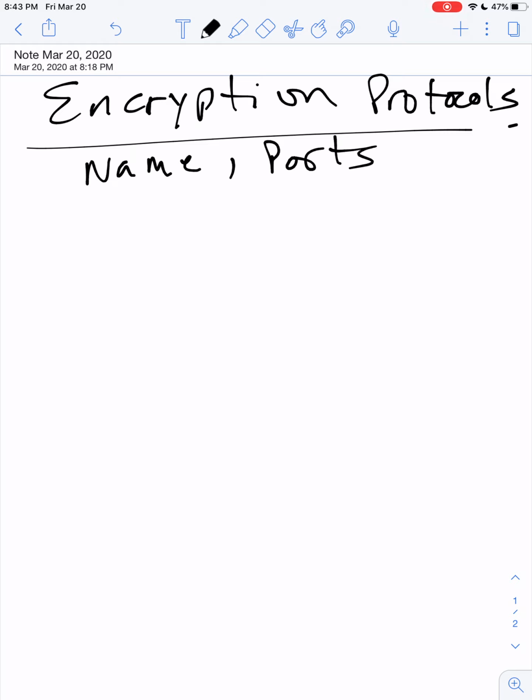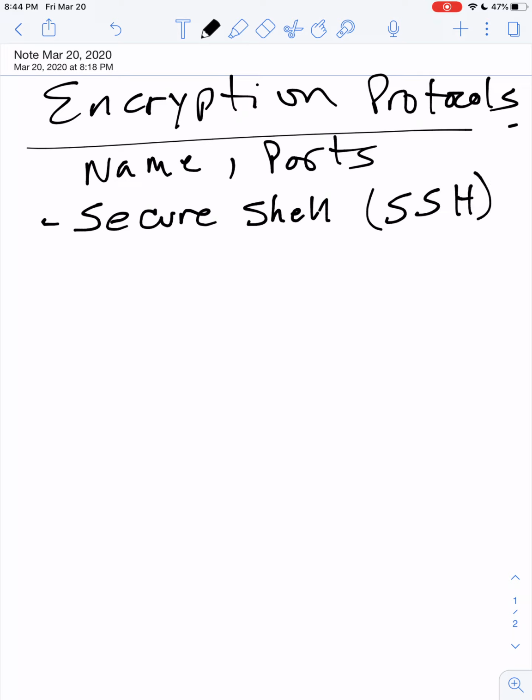On some of them, there'll be some additional information, but you'll want to know the name and the ports that they're using. So the first one is called Secure Shell, also known as SSH.